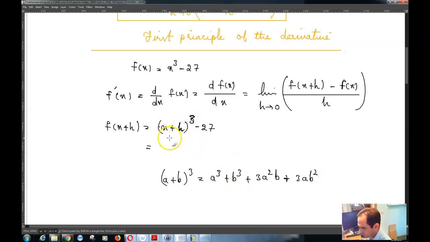So I can write this as x cubed plus h cubed plus 3 times x squared times h plus 3 times x times h squared minus 27.